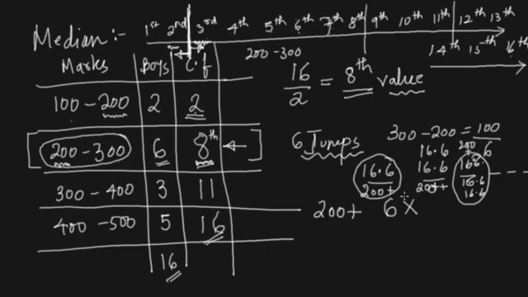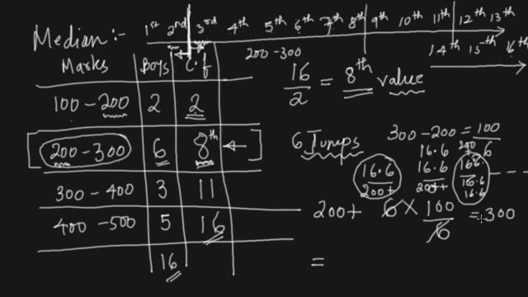Because that's how the 16.6 number will get split in 6 girls. So each jump is worth 16.6 marks. So we need to say that 100 divided by 6 is the value of each jump. So in this case, the value that the 8th girl got happens to be 300.